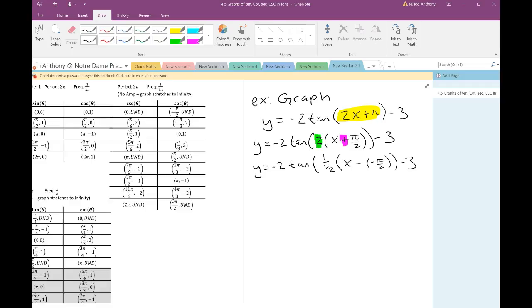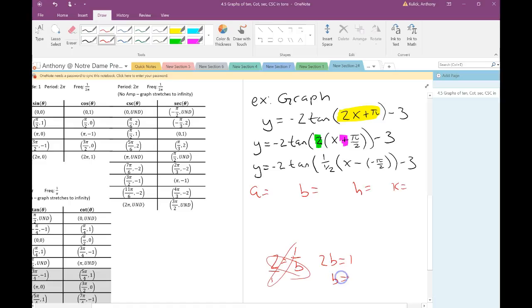All right, let's identify what our A, B, H, and K are. So I need 2 to equal 1 over b, right? So if I cross multiply, I get that 2b is equal to 1.